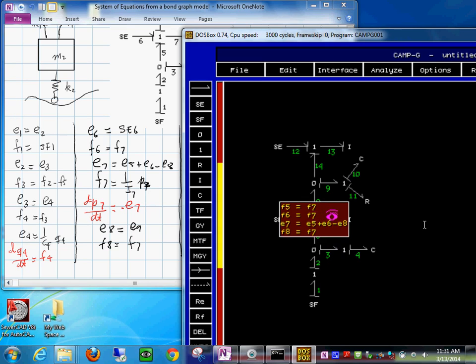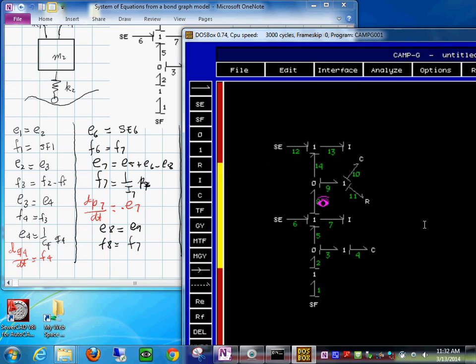Do you see F5 is F7? Where is the F5? We didn't do F5, we have F6 as F7, and then we have E7 is E5 plus E6 minus E8, which is what you have right here on the left.